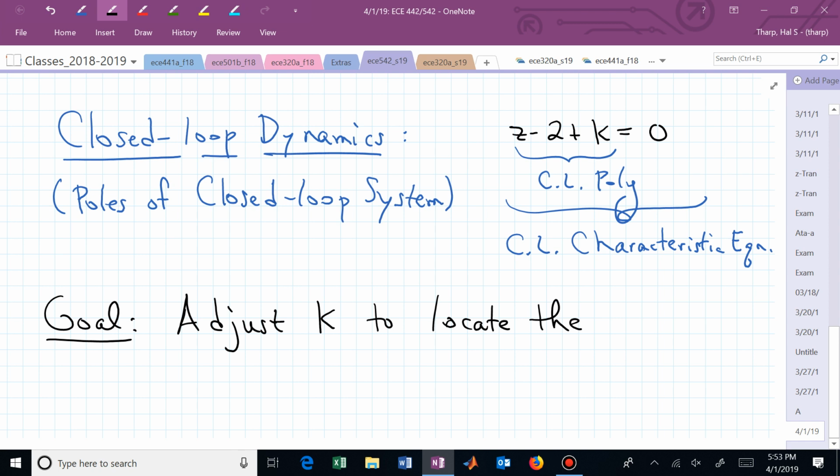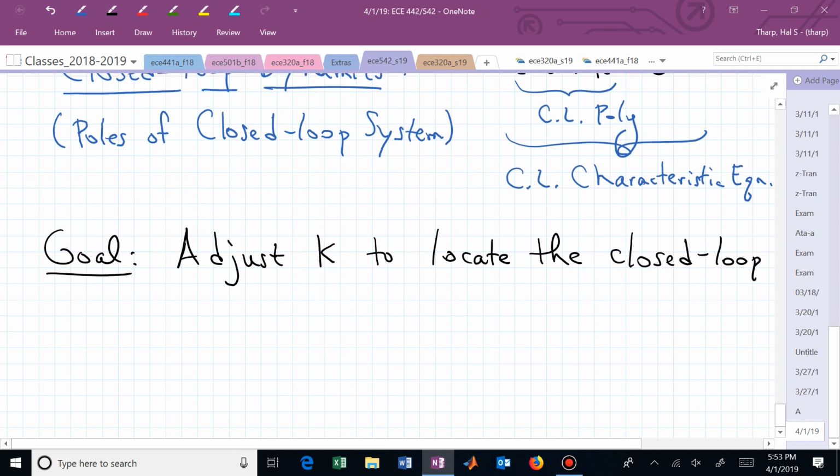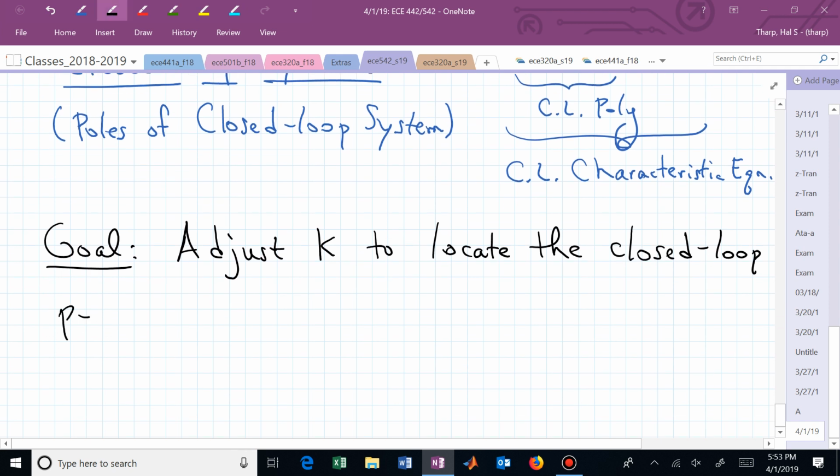That's the k. We want to adjust k to locate the closed loop pole at an acceptable location.